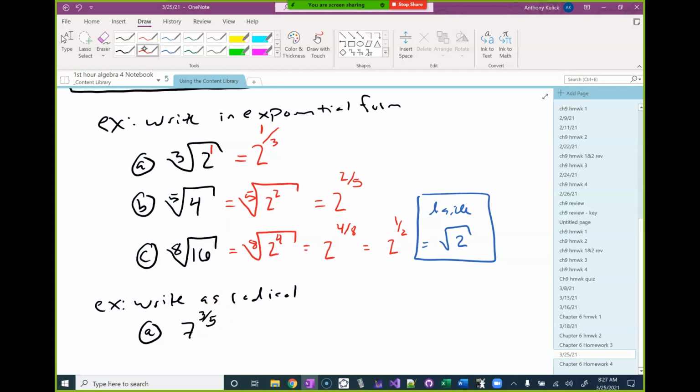And then the numerator of our exponent is the exponent under our radical. And then if I wanted to, I could multiply 7 times 7 times 7. And we could write that as the 5th root of 343. Everybody feel okay there?